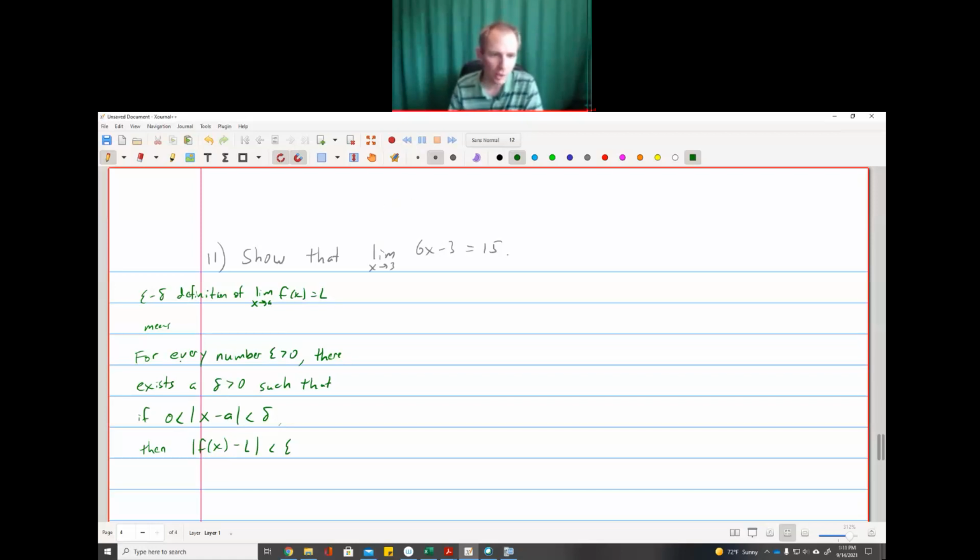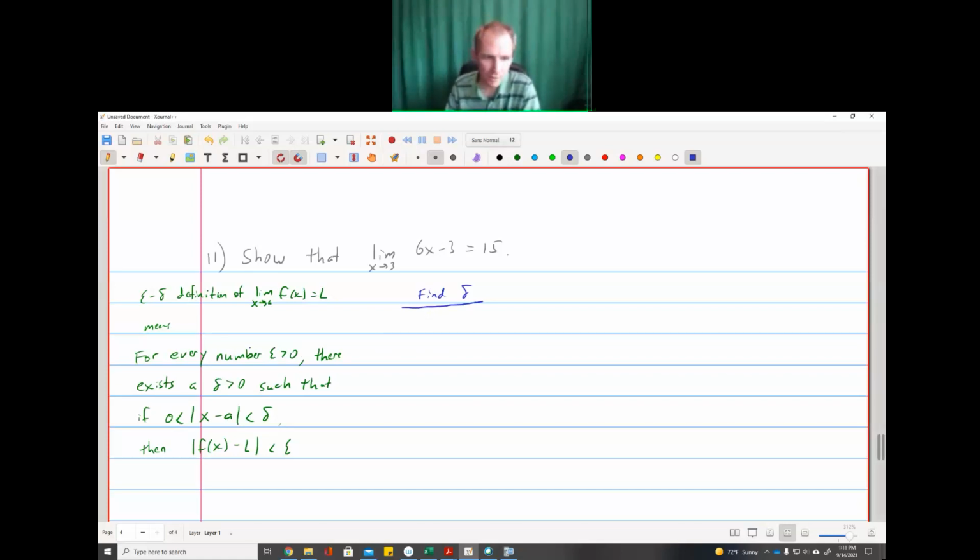So in order to figure out what's going on here, we got to pick this apart. This says if you pick a number epsilon, then there exists a number delta. So one of the things that we need to do here is find out what delta is. So the first thing I'm going to do in this problem is find delta. The way that I'm going to do that is working backwards.